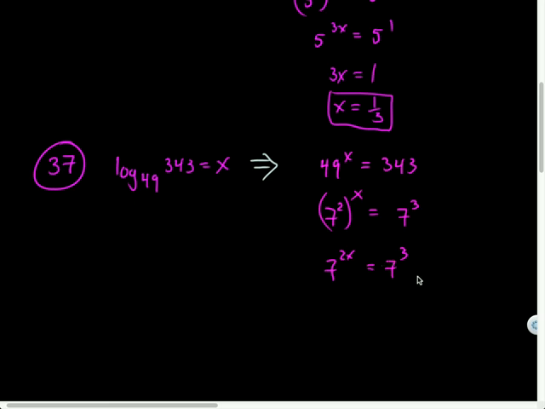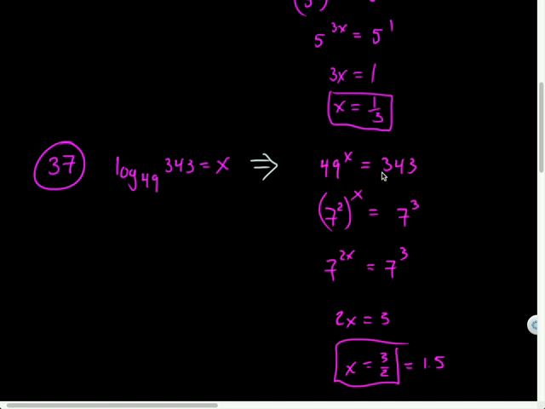Interesting. So now I've got two bases that are the same, therefore their exponents must be the same, so 2x equals 3, or x equals 3/2, or 1.5 if you're a fan of decimals. Right? So what happens if I don't know the squares or the cubes of everything? Figure it out.